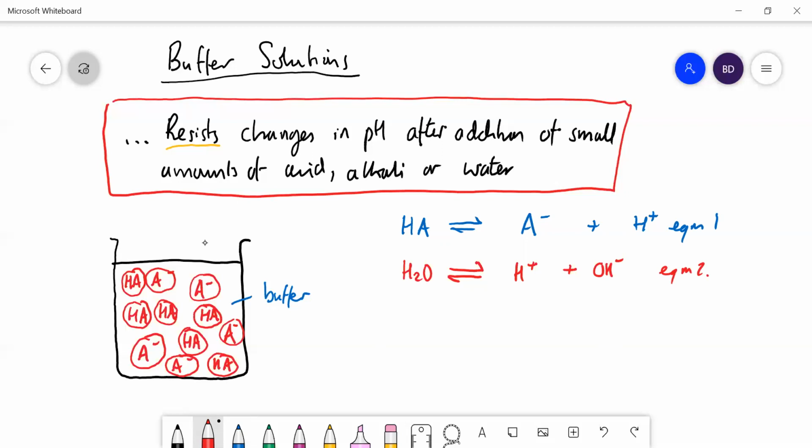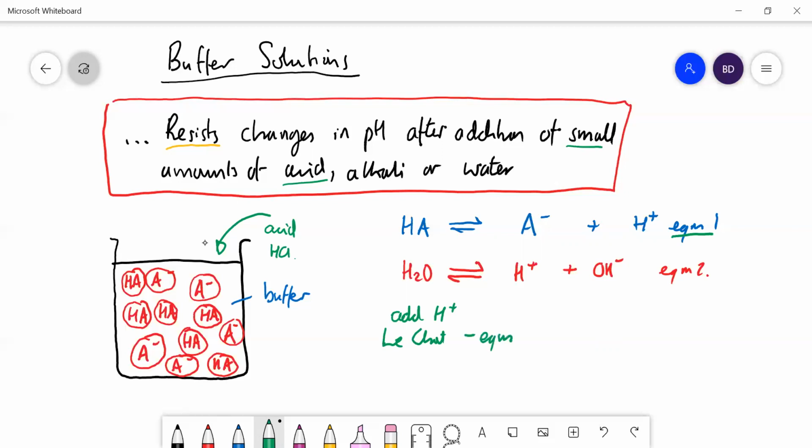Let's say we add a little bit of acid. We resist changes after a small amount of acid, so we're going to add a little bit of HCl or something. What will happen? Le Chatelier tells us, if you add acid, what will it do to equilibrium 1?